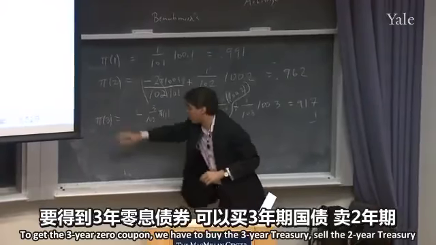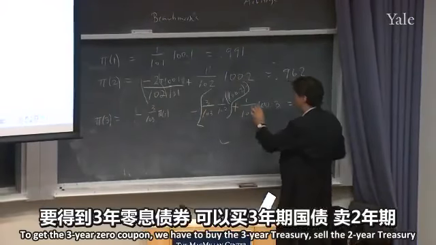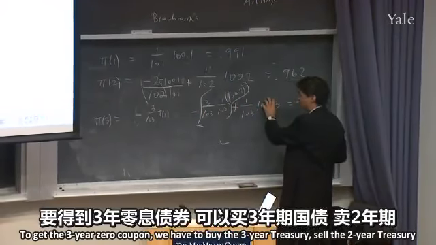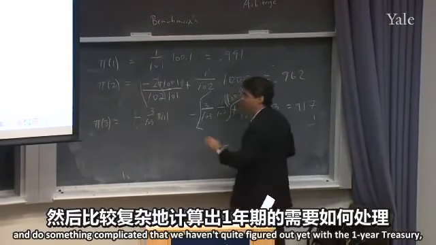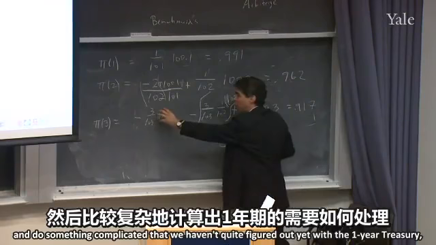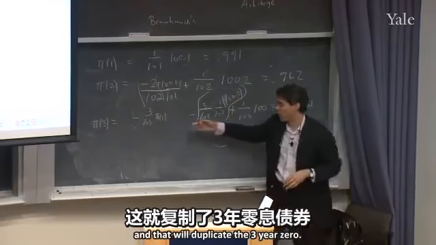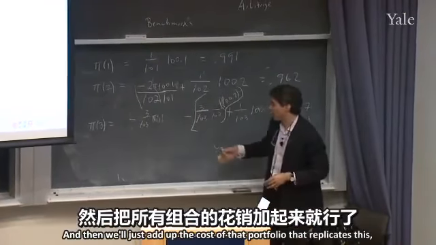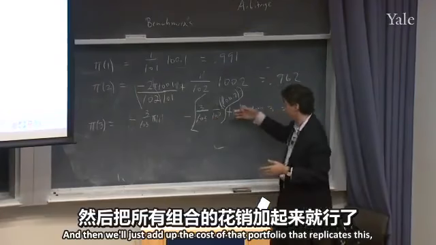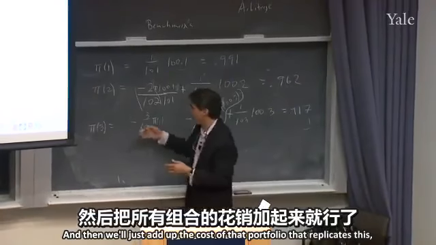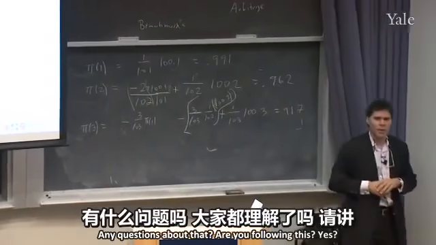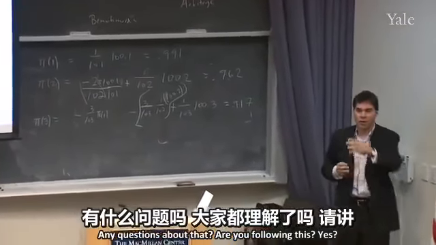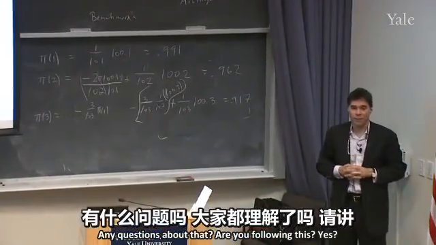To get the 3-year zero coupon, we have to buy the 3-year treasury, sell the 2-year treasury, and do something complicated that we haven't quite figured out yet with the 1-year treasury. And that will duplicate the 3-year zero. And then we'll just add up the cost of that portfolio that replicates this, and that must be the price of that thing. Okay, so that's what we're doing. So any questions about that? Are you following this or?